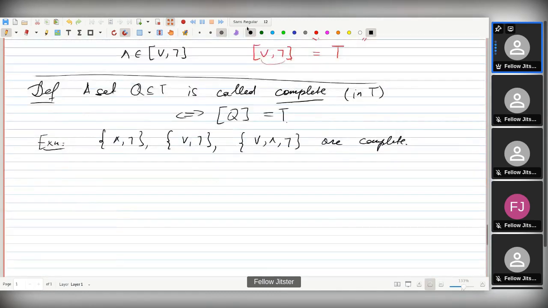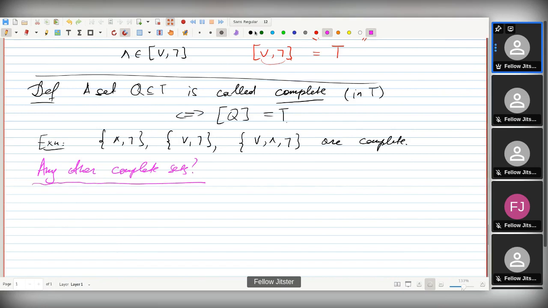Do we have more complete sets? In fact, we have. Let us see a few more.